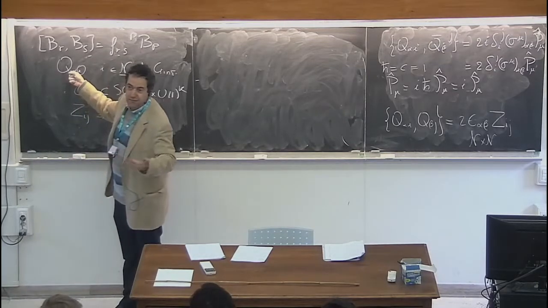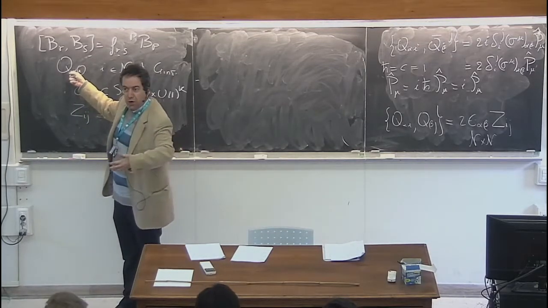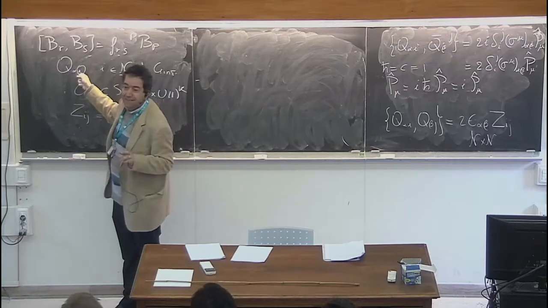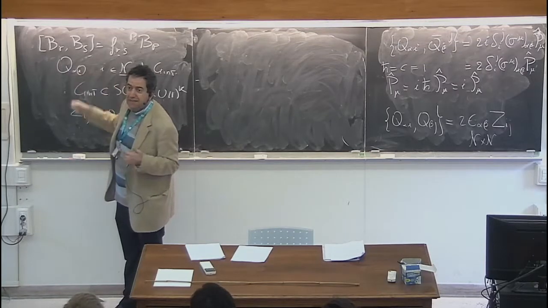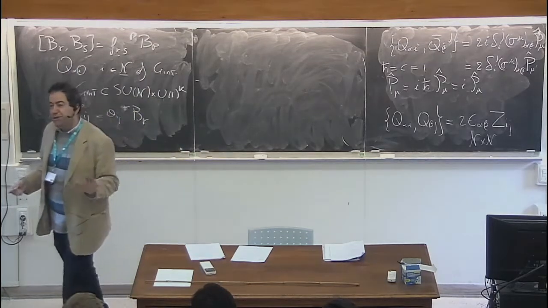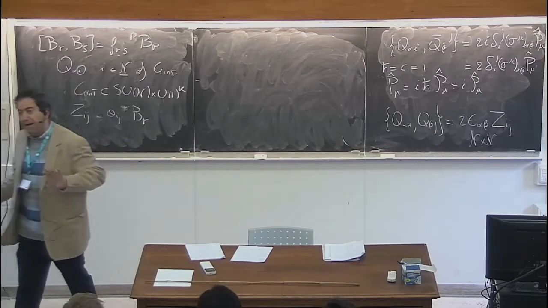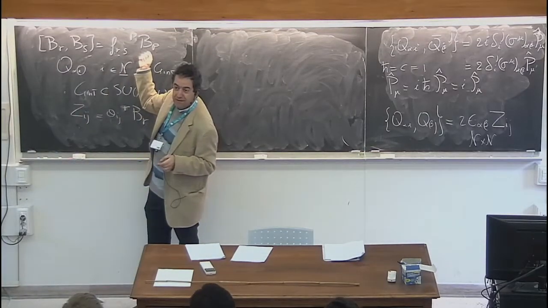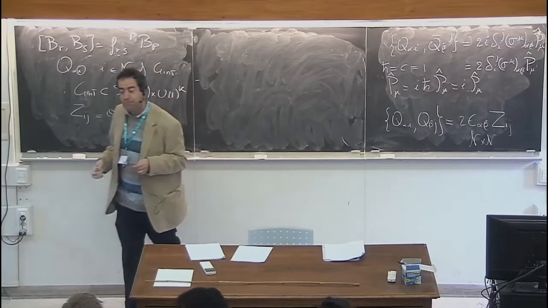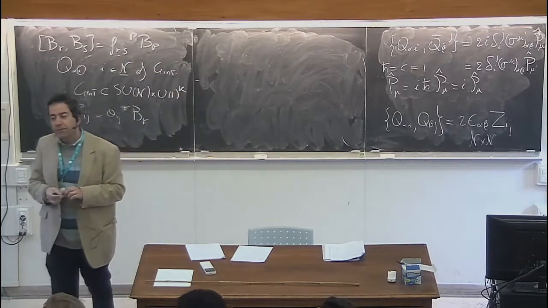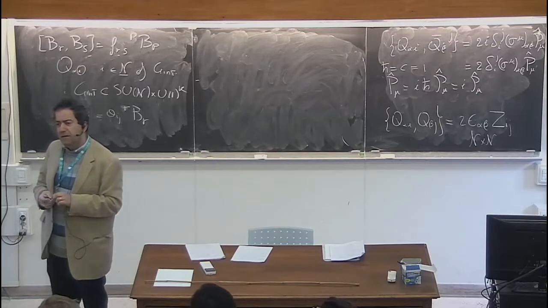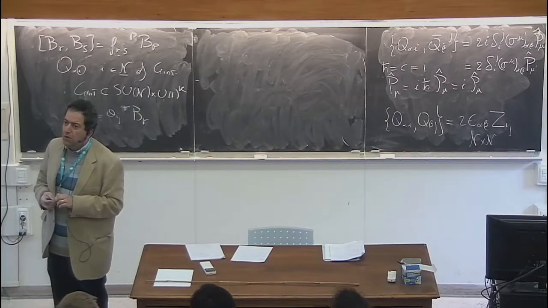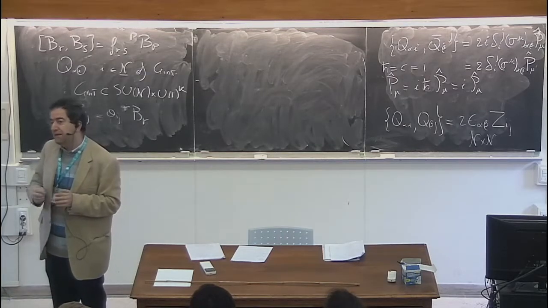It transforms in a well-defined representation of the Lorentz group and has an index I. This index I is an internal index. By definition, it is acted on by the internal symmetry group, generated by P. This means that the internal symmetry group is telling me how many supercharges I'm considering? I thought the I index was labeling how many... Yeah, the I index is labeling the number of supersymmetries.